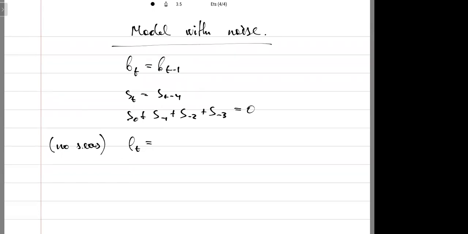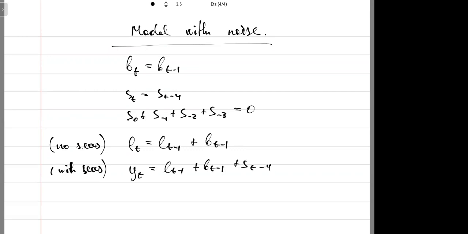That's called a level. It's the previous level plus the previous growth rate. With seasonal, YT is just LT minus 1 plus BT minus 1 plus ST minus 4 in our case. So we add noise. We say ut has normal distribution with mean 0, variance sigma squared, and they are independent. Okay, and I will introduce my noise into the previous equations.